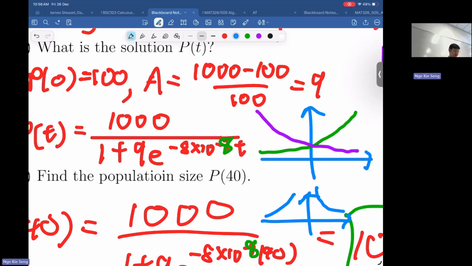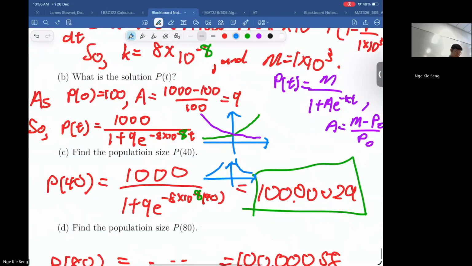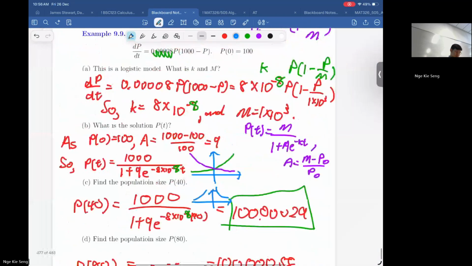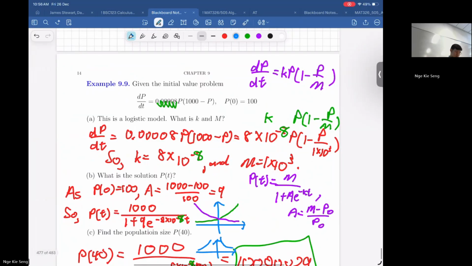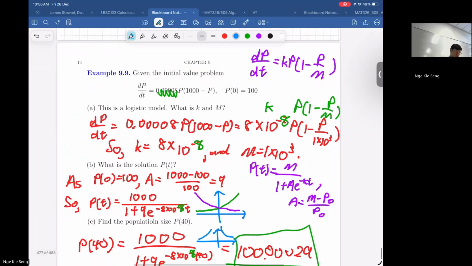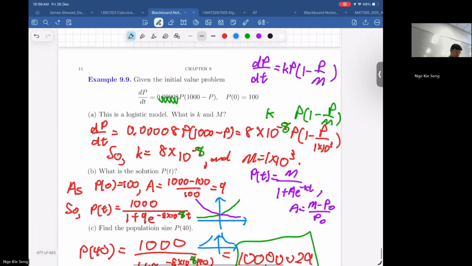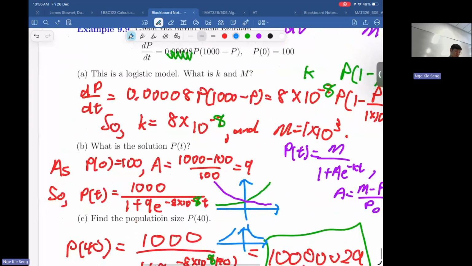Actually, it's decreasing. This logistic. Oh, I see. I see.